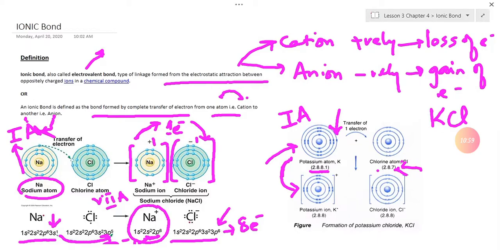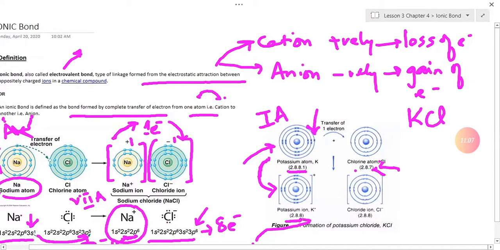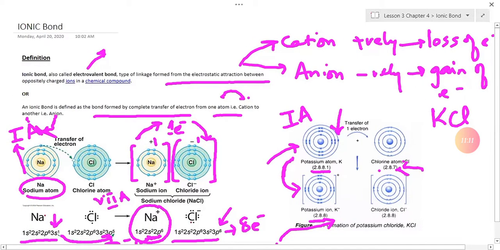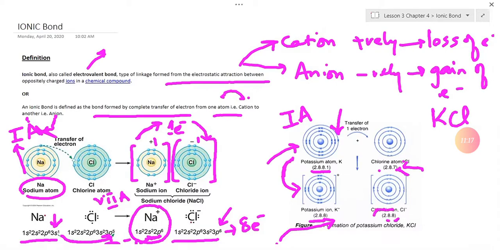See the comparison between potassium atom and potassium ion. See the electronic configuration shown, 2,8,8 after ion formation. This is the cation formed by potassium, and the anion formed by chlorine. Chloride ion is formed.